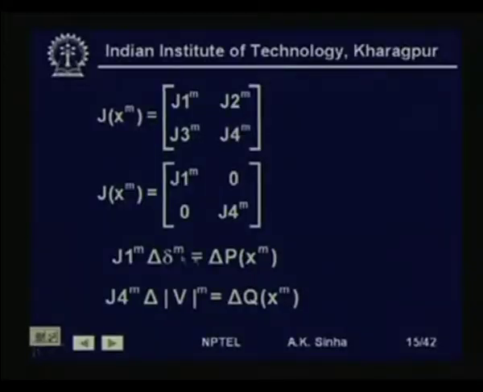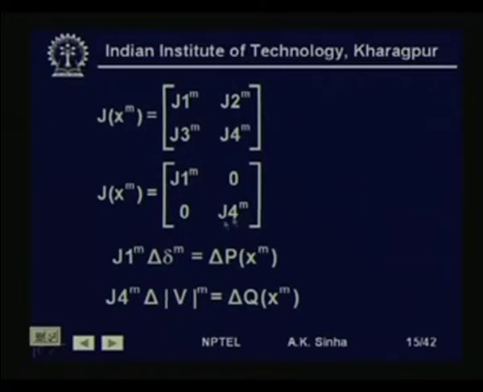And therefore, if we try to take advantage of this weak coupling, we can neglect the submatrices J2 and J3, that is, we can make them 0. So, we now have the Jacobian matrix consisting of submatrices J1 and J4 only.